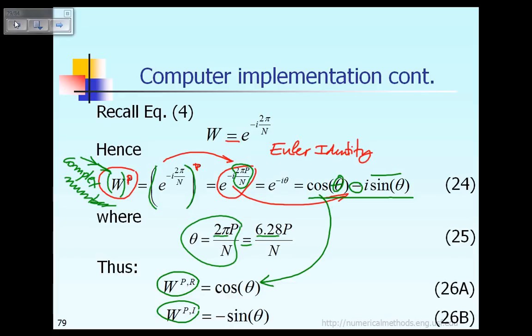If you express it this way, WPR and WPI are both real numbers. So W raised to the power P is a complex number that can be expressed in terms of two real number components.